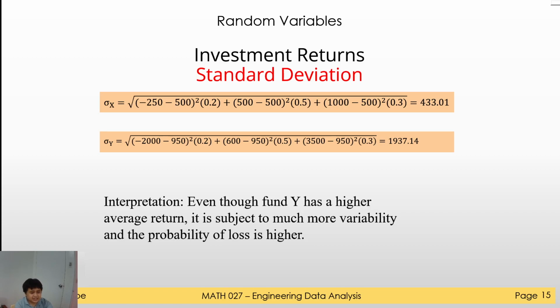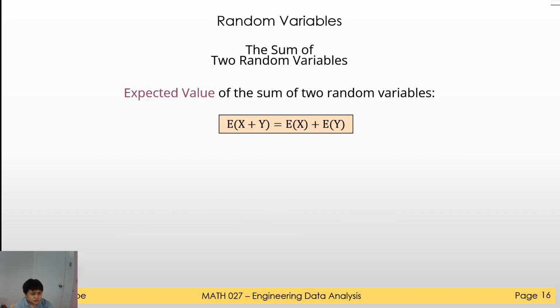So the higher, you will have a higher gain on average, but you might lose a lot if you invest on the aggressive fund as well. Okay? So what we just did is we computed the expected value of two random variables, but we can also find the expected value of the sum of the two variables.